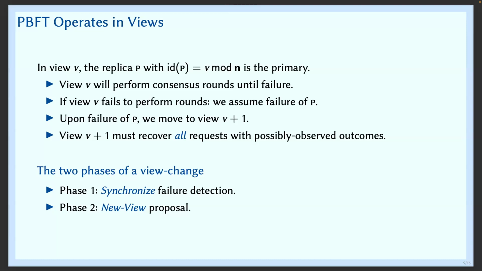Before we can even start the new view, we need sufficient agreement on who's going to be the next primary, the next leader. That's the view synchronization. Initially it was me, and you all detected failure, and you need to agree who the next person is going to be. And you need to move with synchrony, because if you all agree that he's the next primary, but he doesn't do his job, then you all want to move to the next person, and then the next.